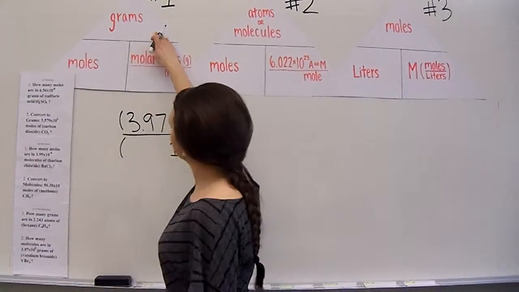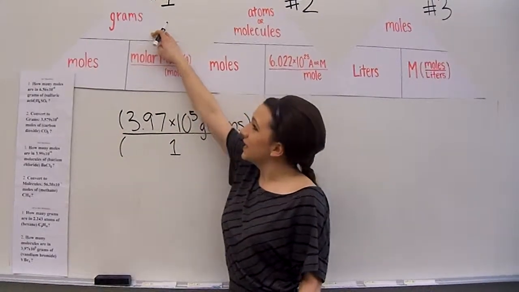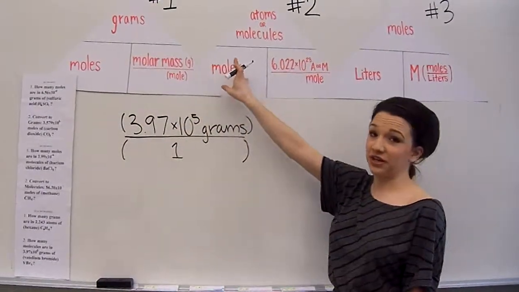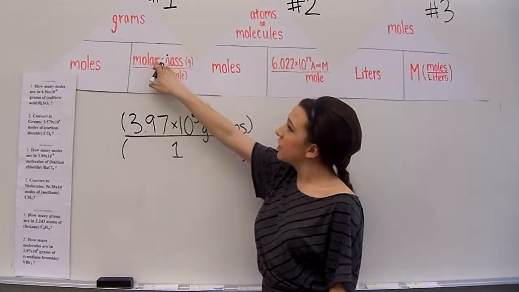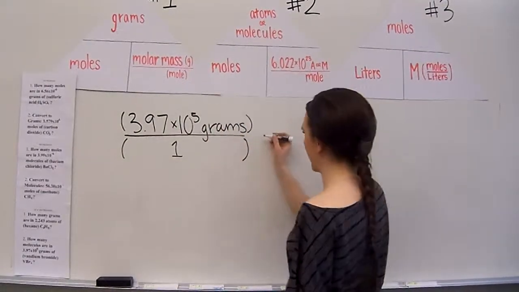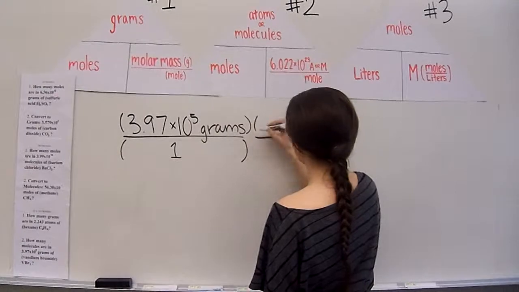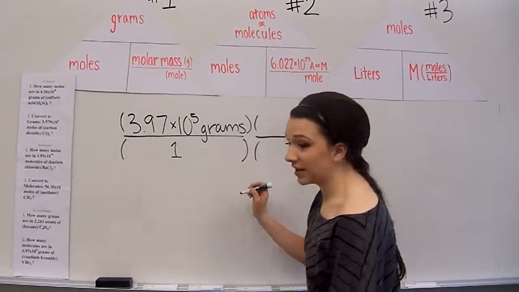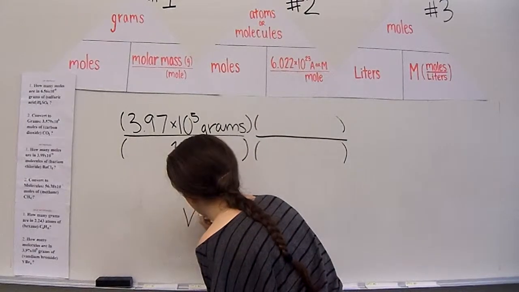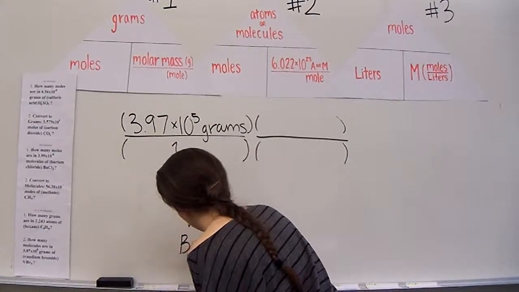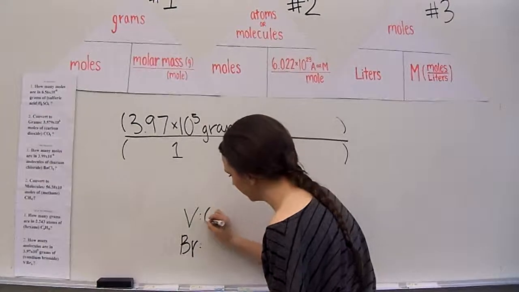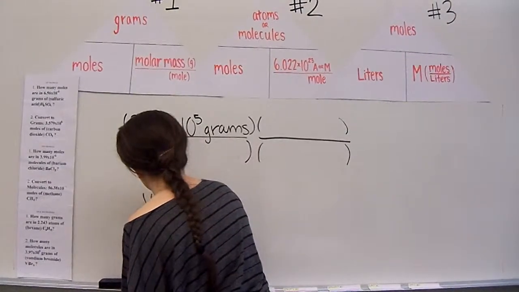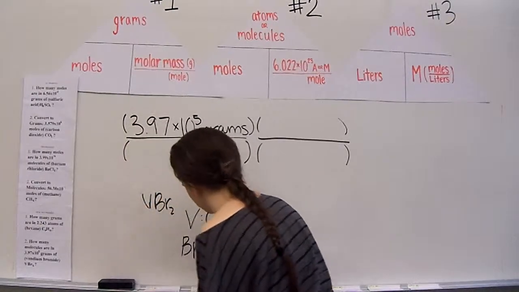So we have grams, and as I previously stated, we need to get to moles so that we will be able to transfer to the second triangle. In order to do so, we will need to divide by the molar mass. We have vanadium bromide, so we have 1 part vanadium and 2 parts bromide.